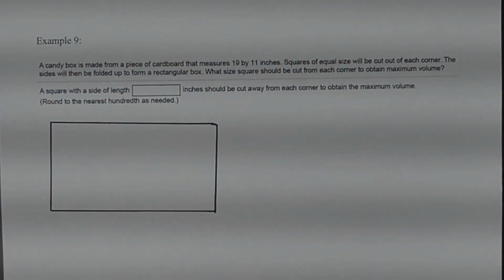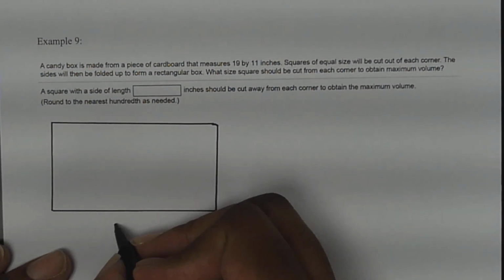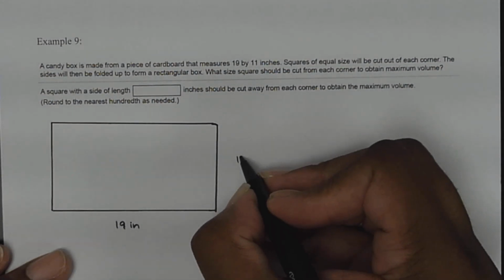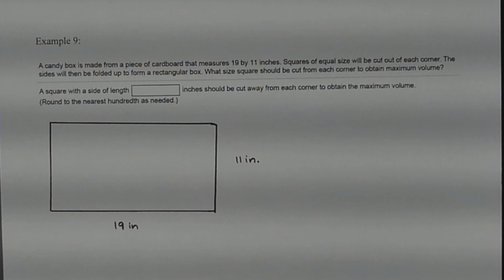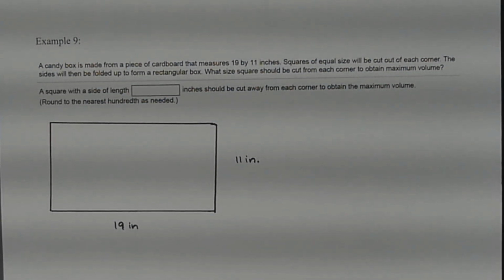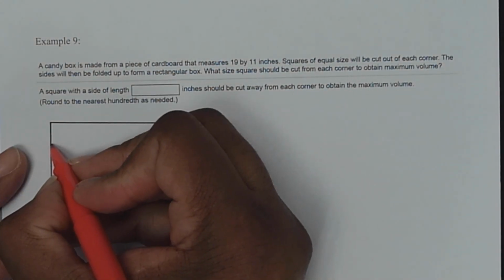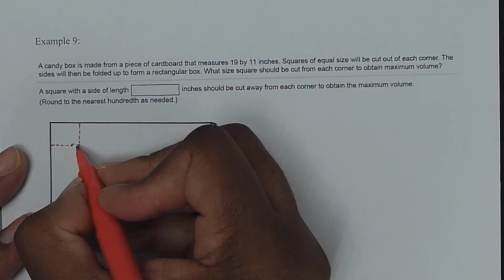All right, so there's a rectangular piece of cardboard measuring 19 inches by 11 inches. So this is 19 inches, and this is 11 inches here. And you're going to have squares of equal size being cut from each corner. So in this case, I'm going to do squares on each corner that are going to be cut out like this.